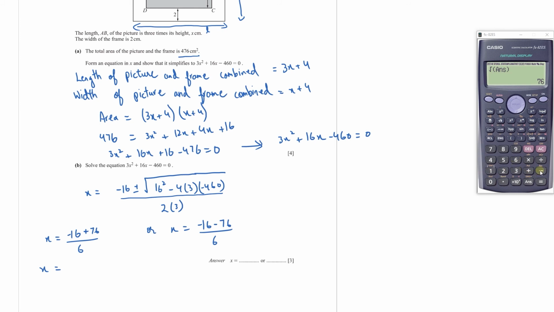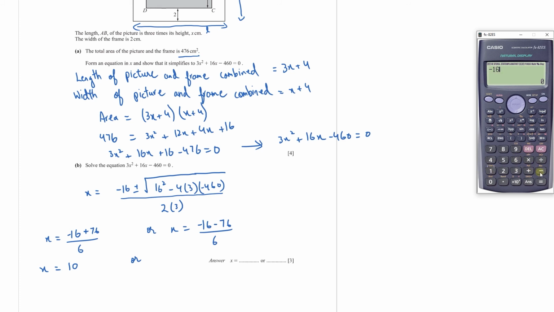So 76 minus 16 is 10, and 10 divided by 6 is, oh sorry, 76 minus 16 is 60. 60 divided by 6 will be 10. So this value here is 10, or minus 16 minus 76.